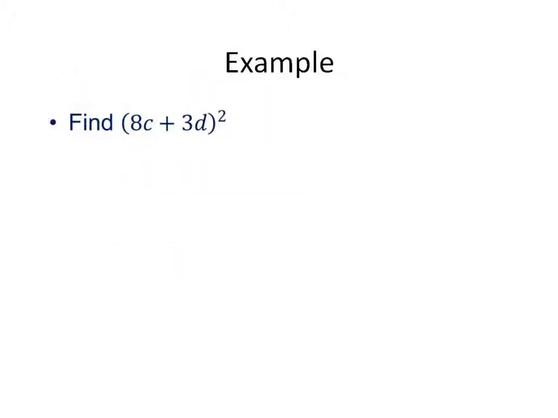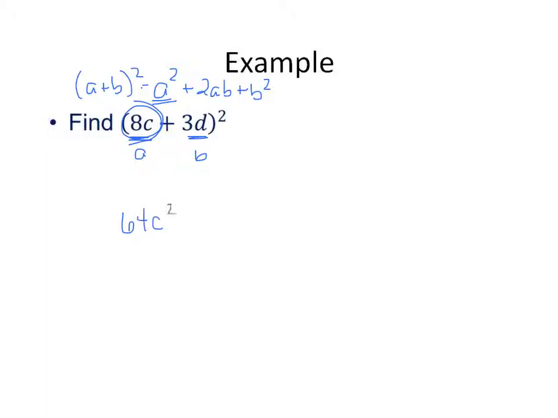So let's look at that one more time. Here's a, here's b, and this a plus b squared is going to give us a squared plus 2ab plus b squared. So a squared, this squared is going to be 64c squared, plus 2 times a times b.